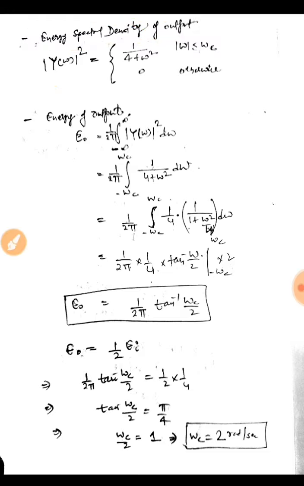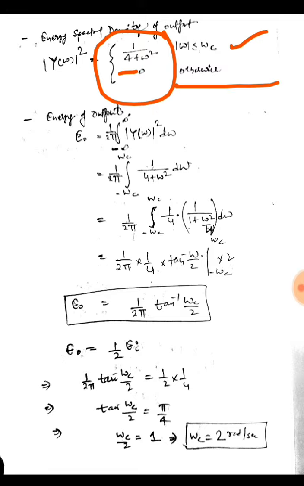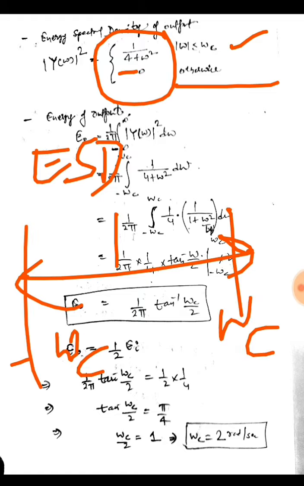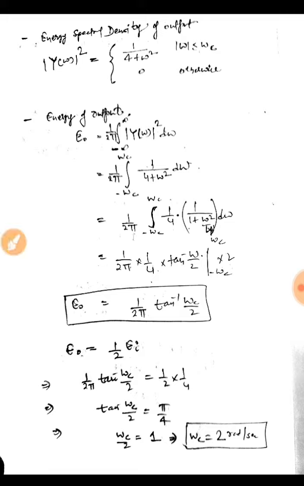So this energy will be Y(omega) squared. It can be calculated as 1 upon 4 plus omega squared for minus omega c to omega c, and otherwise it is 0. So energy spectral density, ESD, is the energy which is spread across the band from minus omega c to omega c.